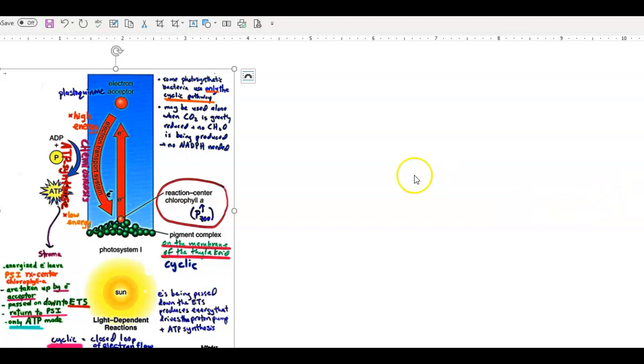So one more time. Electrons in reaction center chlorophyll A P700. This is in photosystem 1 on the thylakoid membrane. All these different pigments are trapping energy and sending it over to that one location.